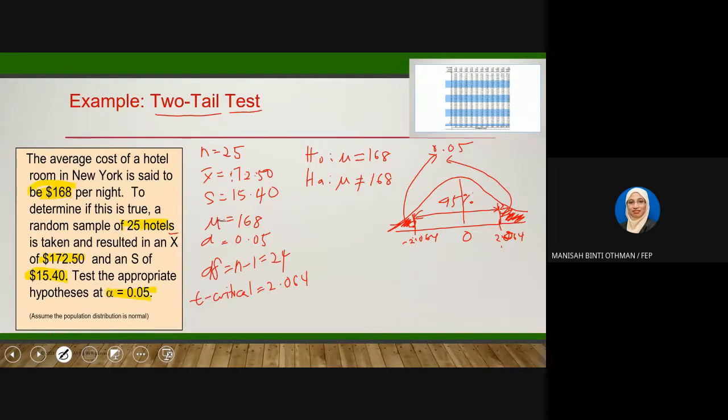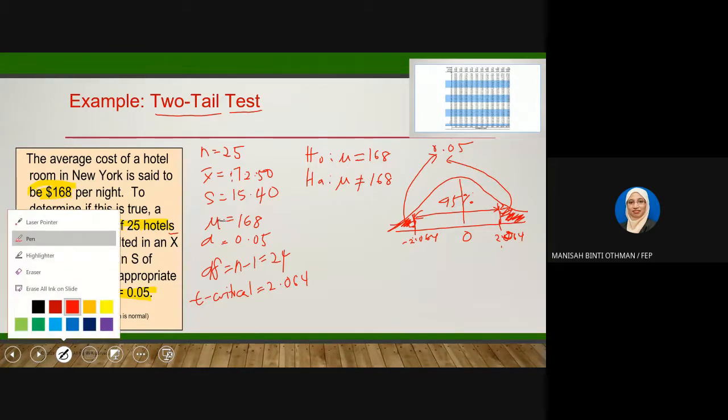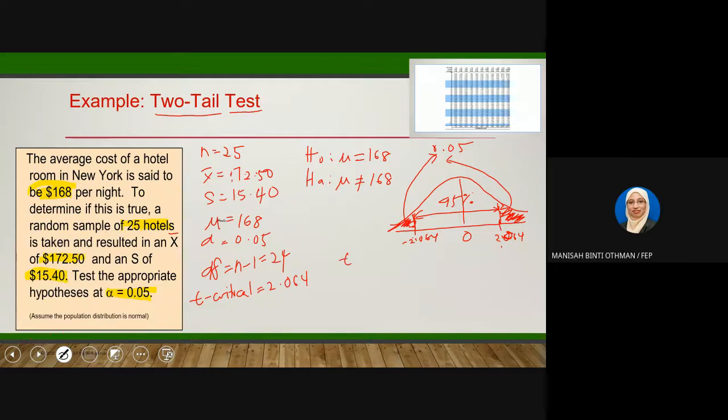Then you have to calculate the T. T equals x bar minus mu divided by s divided by square root n. That is the formula.